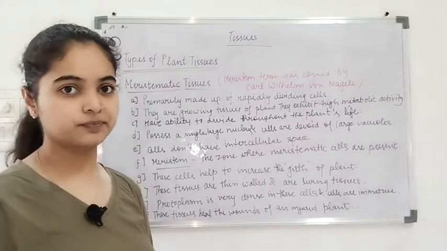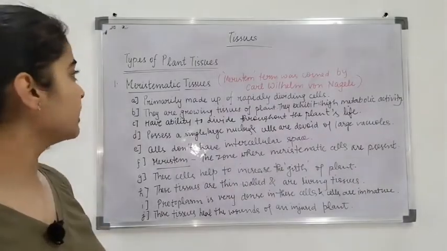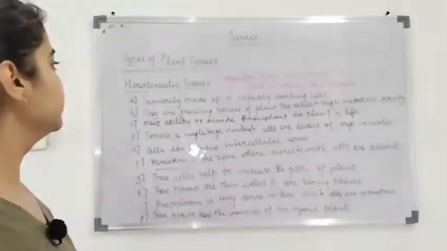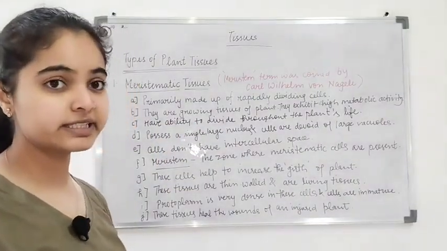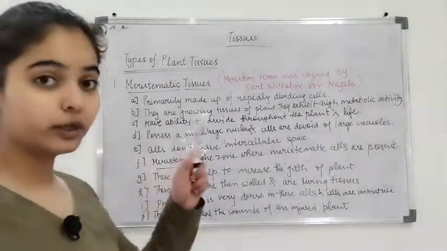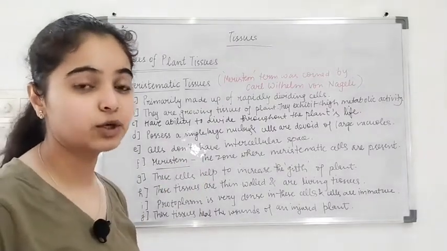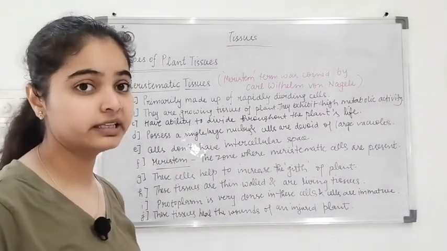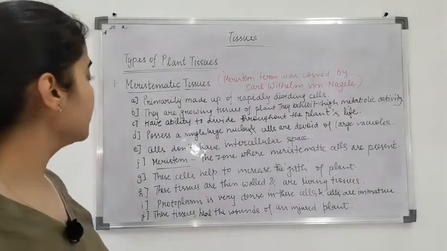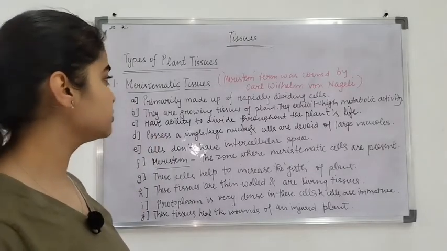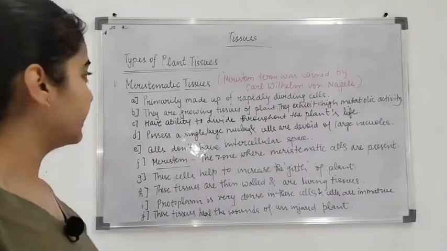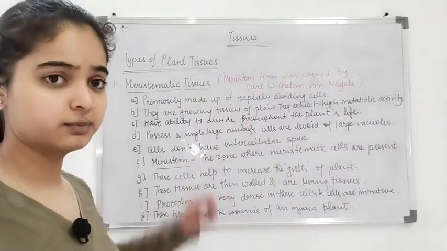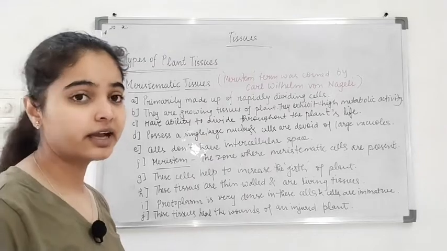Types of plant tissues. First type of plant tissues are meristematic tissues. These tissues are primarily made up of rapidly dividing cells, and these are the growing tissues of plants, and the metabolic rate is very high inside these tissues. These tissues have the ability to divide throughout the life of a plant, and the cells inside this tissue are young and immature.